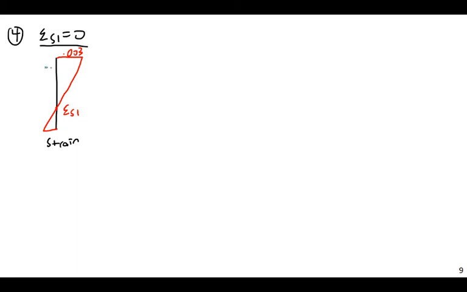So in this case, my C is going to equal D. Because again, C is defined as the depth of the neutral axis, and the neutral axis, of course, is the location of 0 strain. So if the bottom tension steel has no strain in it, then the neutral axis must be located there, and C must equal D. So C equals D, or in our case, 13.5 inches.